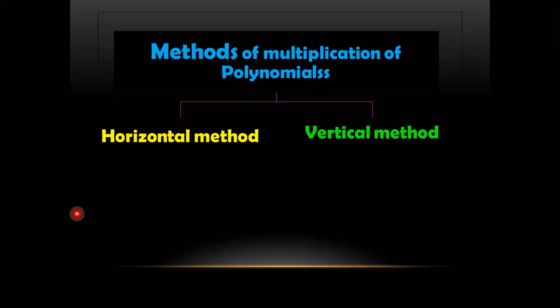Now we can see the methods of the multiplication of the polynomials. There are two methods, as you have already seen these things in the concept of the addition and the subtraction of the polynomials. In the addition also, horizontal method and vertical method are used. In subtraction also, and now in the multiplication also we can apply the horizontal and the vertical method. For example, these two terms, if we want to multiply them, they can be multiplied horizontally like this.